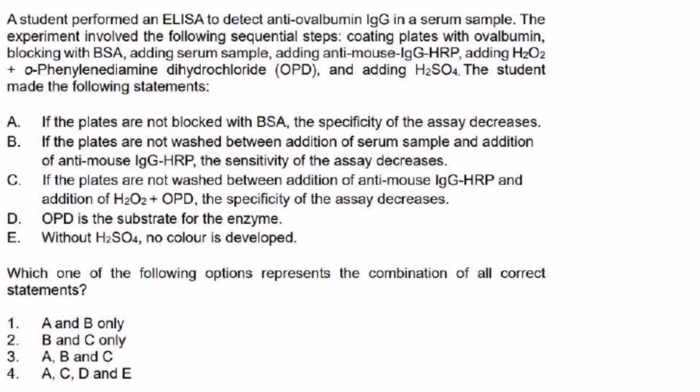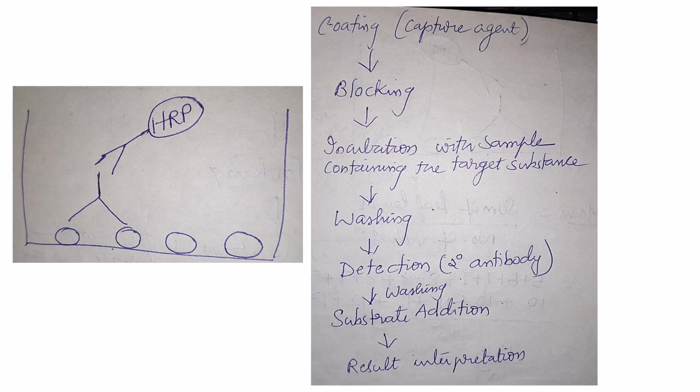Now before coming to that, I will tell you what is the exact procedure in which ELISA is conducted. So here first you coat the well of a microtiter plate with a capture agent. In this case it is the antigen, ovalbumin, that you are coating.